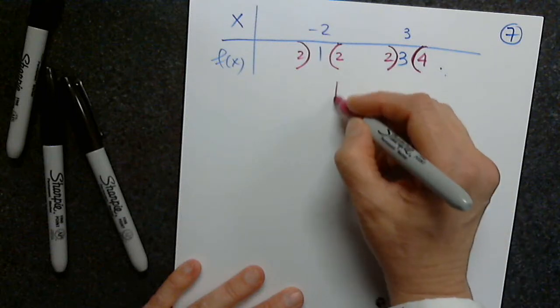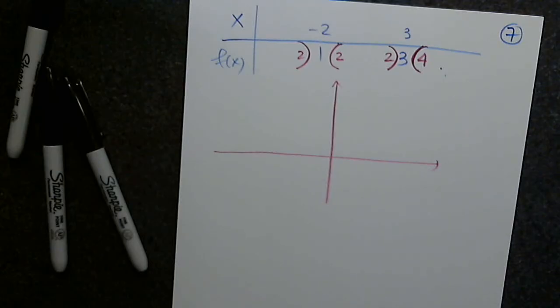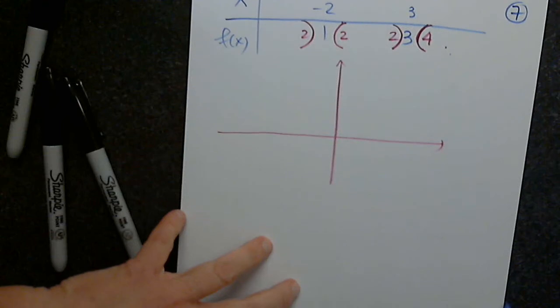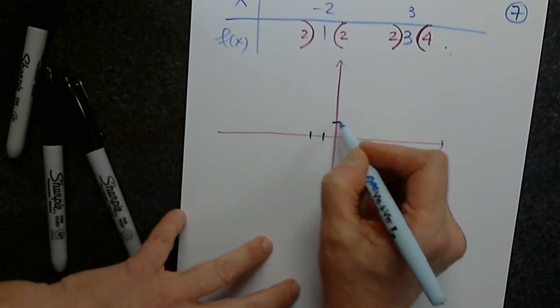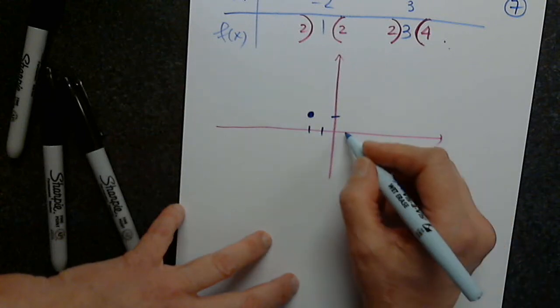Okay, here's my example of a graph. You can create your own if you don't like mine, or even if you like mine, you still can create your own. -2, 1, 3, 3.